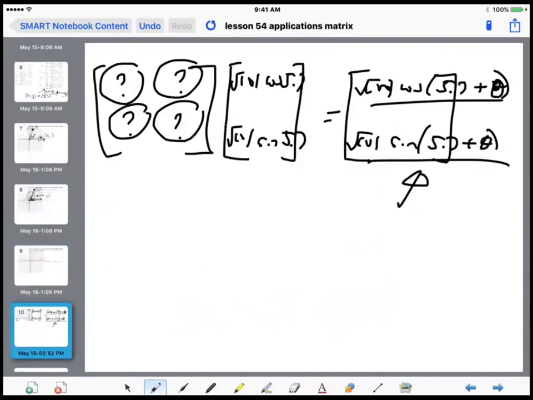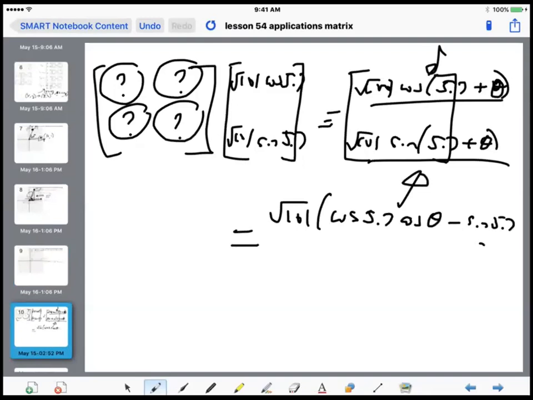Yes, the addition identities, because this thing is the same thing as saying root 101 times the cosine A plus B formula, which is cosine 5.7 cosine theta minus sine 5.7 sine theta. And if you don't mind, I'm going to distribute the square root of 101 to both of those.